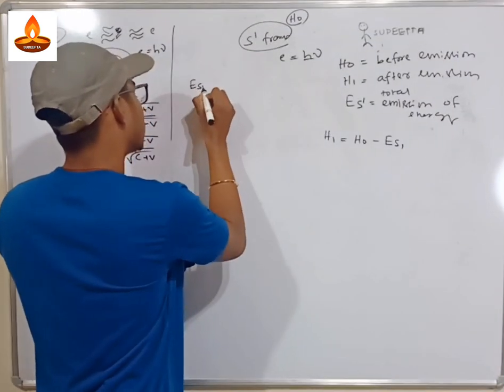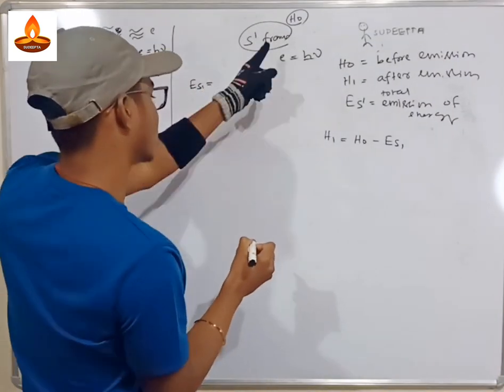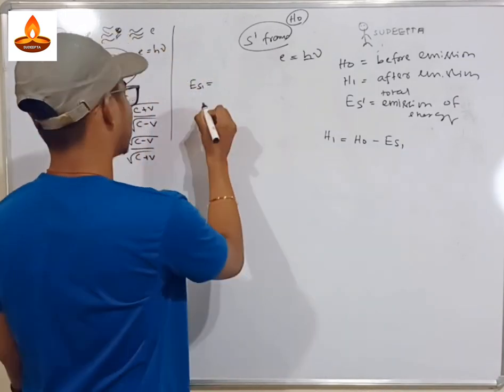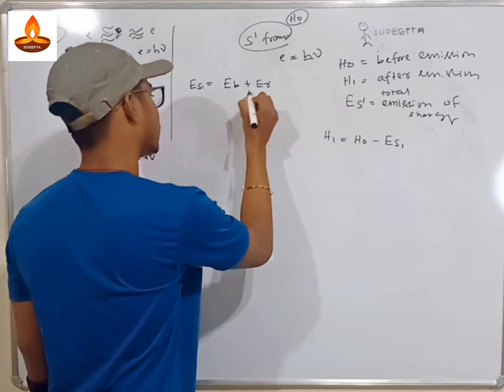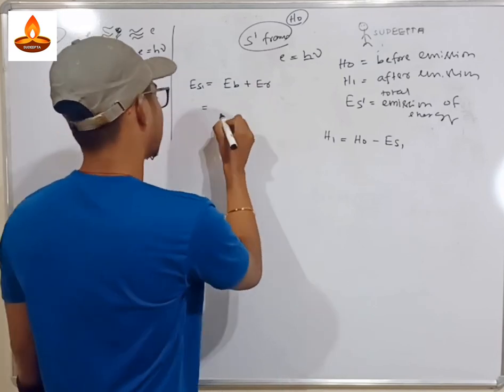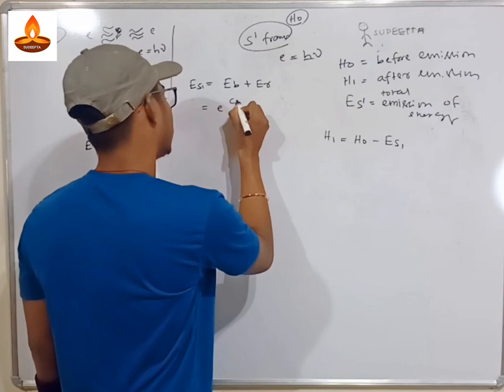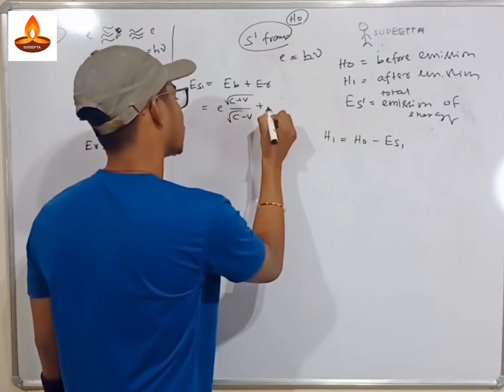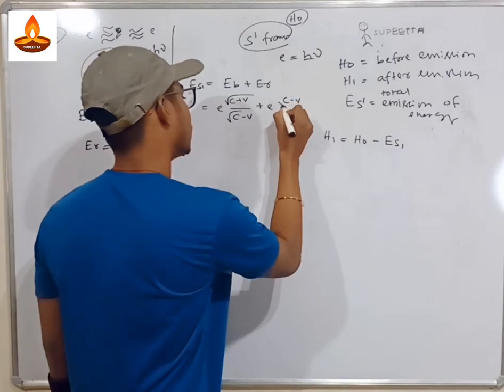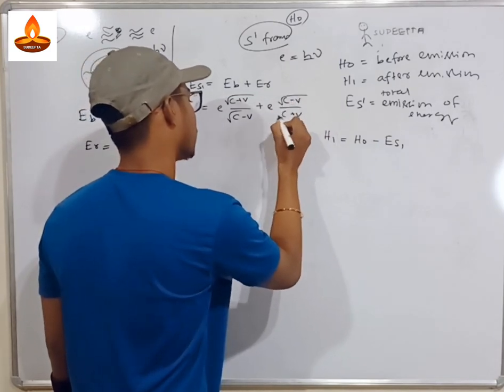E S dash in the S dash frame is equal to energy in the blue shift plus energy in the red shift. That is small e root of (c plus v) upon (c minus v) plus small e root of (c minus v) upon (c plus v).